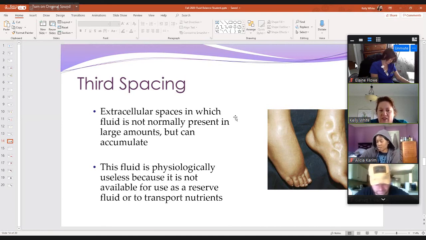So you have all of this excess fluid that serves absolutely no purpose. It doesn't function as anything. It's not used as your fluid reserve. It's not used as transporting nutrients. It doesn't help with metabolism. It's just excess fluid hanging out in those tissues.